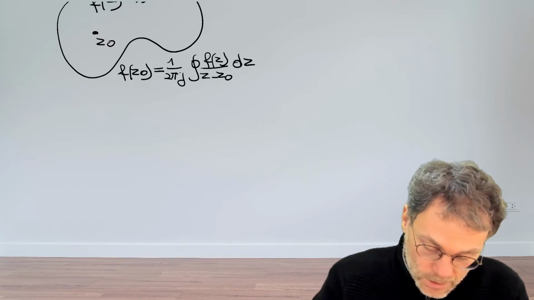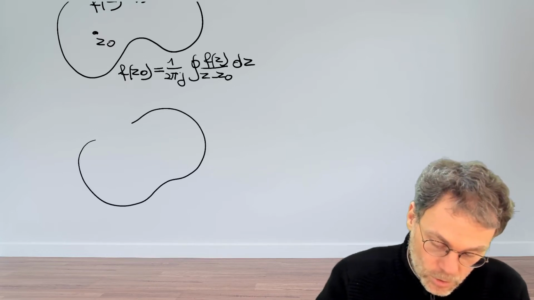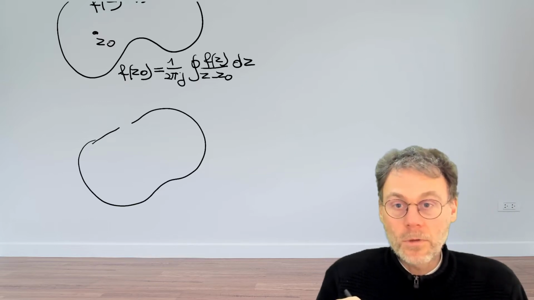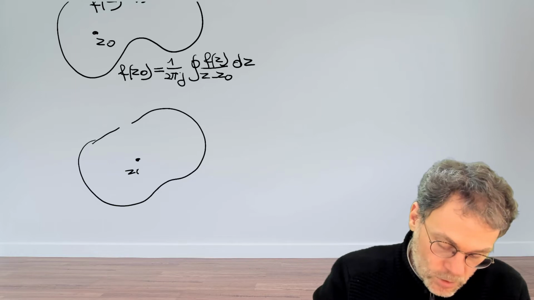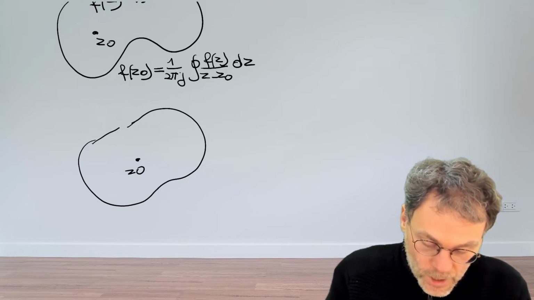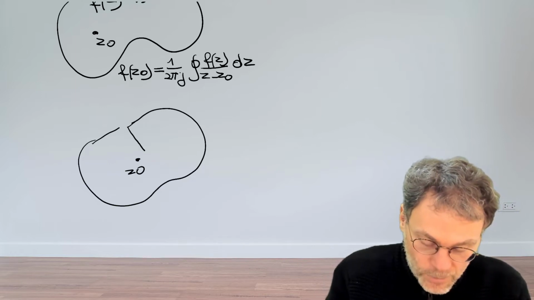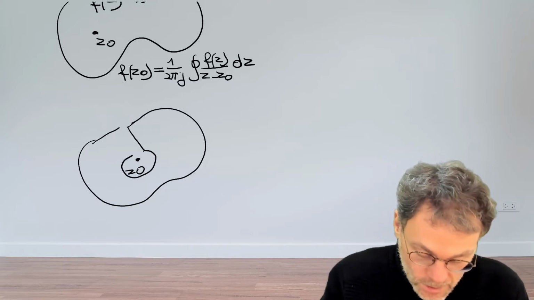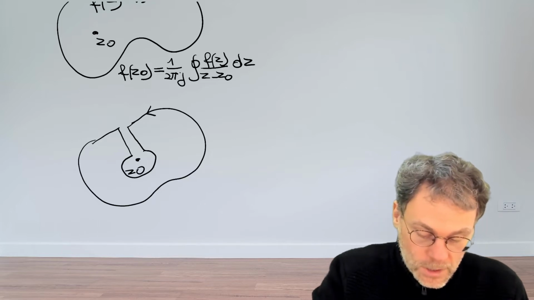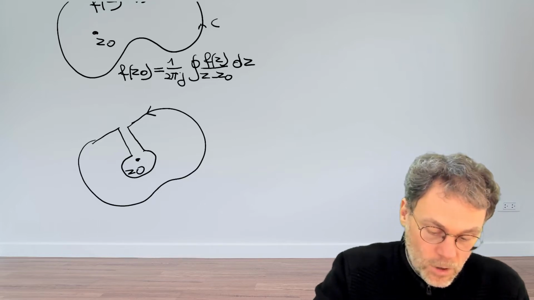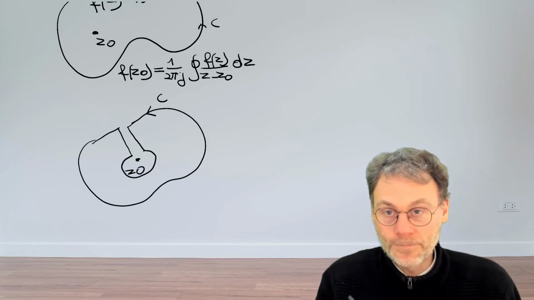The goal is to start from our original contour, but rather than closing it like this, we make a deformation: first a straight segment like this, then a small circle around the problematic point z0, and then we close it like that.